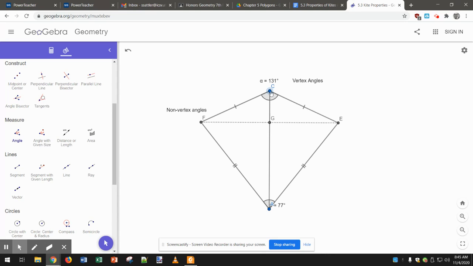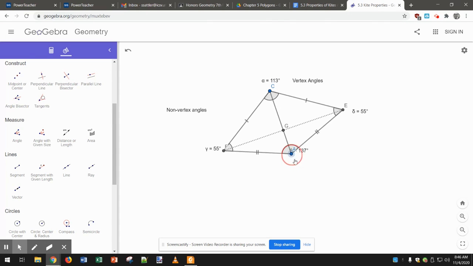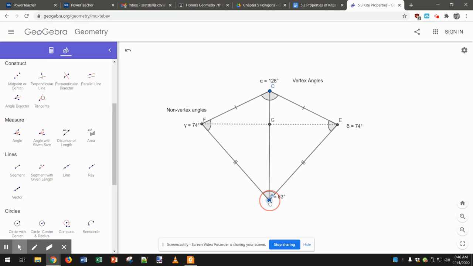Let's see, measure angle CFA and CEA. And we should notice that those are the same. Okay, so non-vertex angles are the same. Is that always true? I can drag this around and see the vertex angles are different. The non-vertex angles are always the same.